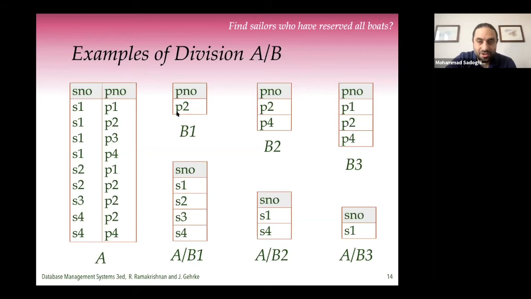If I were to join these two relations, what would I get? Let's say I do a cross product, and I want to do an equality join, so joining whenever there is a match between P number of A and P number of B1. Would P1 join the first record?